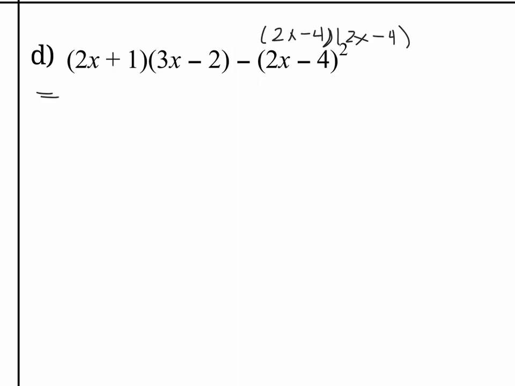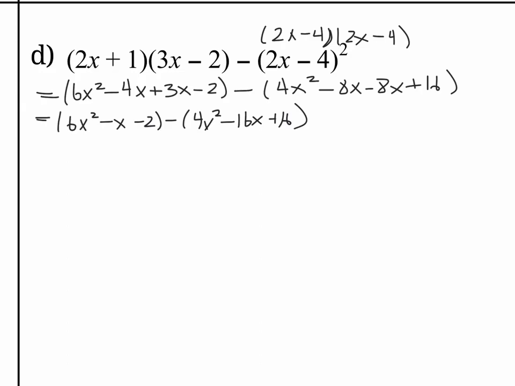So here, let's FOIL. Try foiling on your own and then come back to make sure that you have the answer right. If you FOIL correctly, you should have this trinomial, 6x squared minus x minus 2, and this other trinomial, which is 4x squared minus 16x plus 16. Here's the question. Did you carry this negative down with a bracket in front or not? Because if you left it without a bracket, that's a very different question.